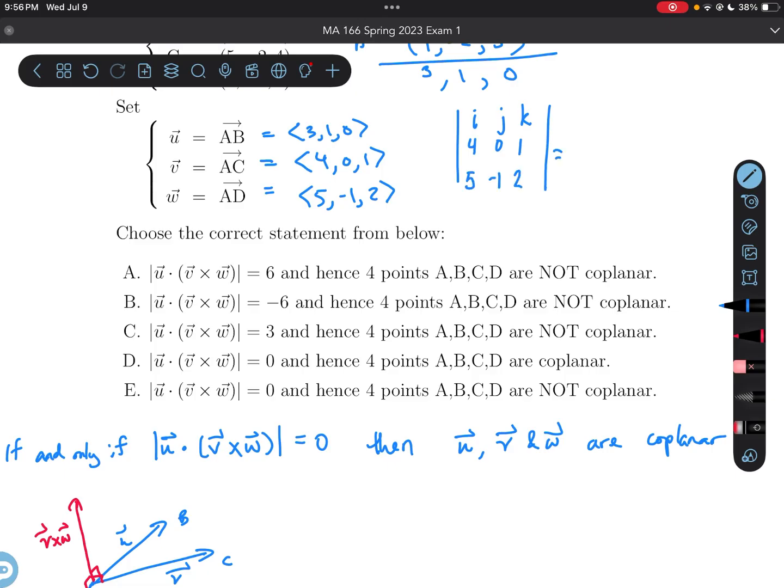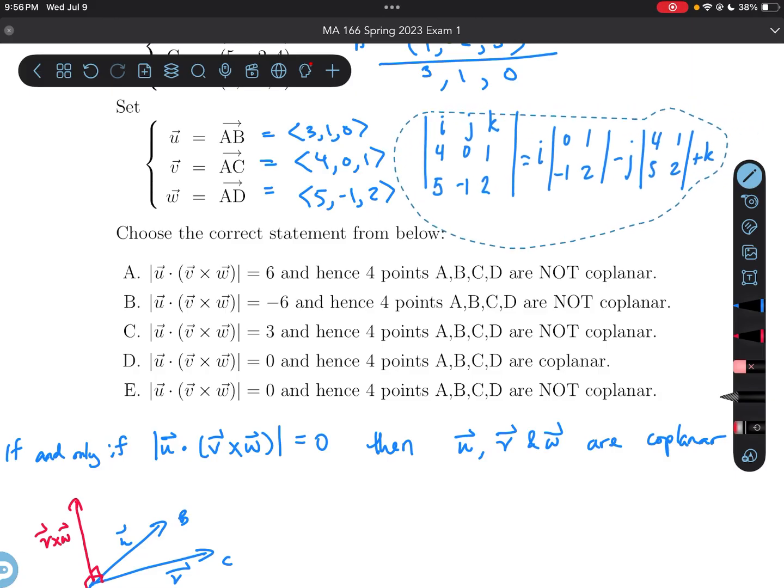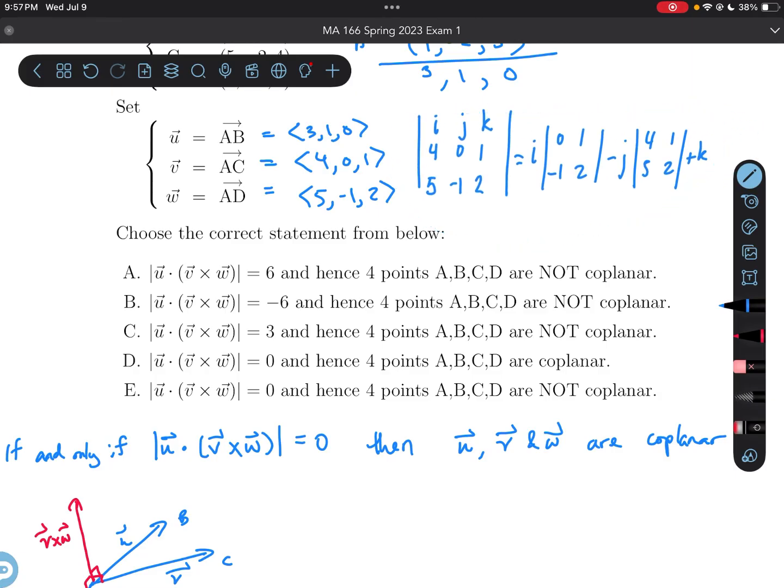Now the formula for a determinant is as such. And this is just something you have to memorize, kind of. So that's how we go from a 3 by 3 determinant to 2 by 2 determinants.